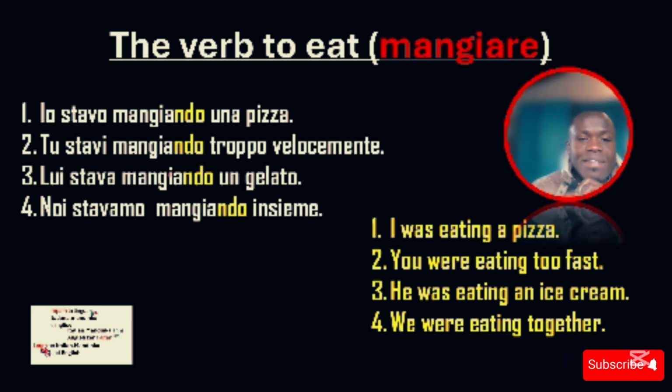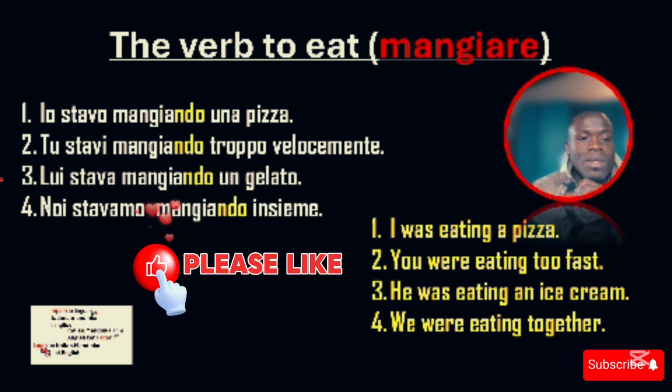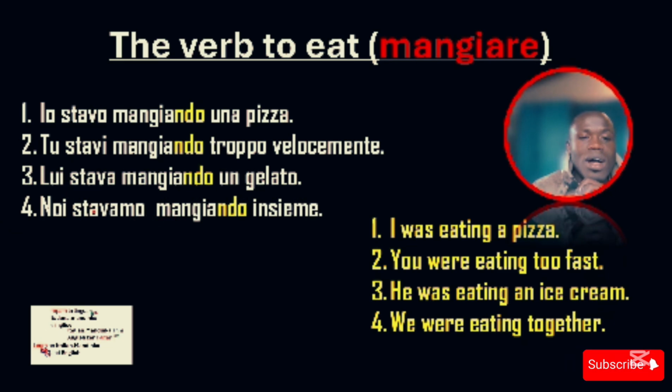Tu stavi mangiando troppo velocemente, which means you were eating too fast. Number 3, we have lui stava mangiando un gelato, which means he was eating an ice cream. Noi stavamo mangiando insieme, which means we were eating together.